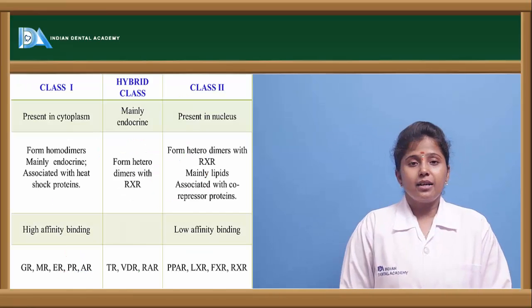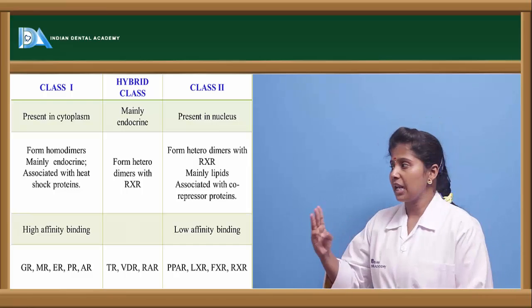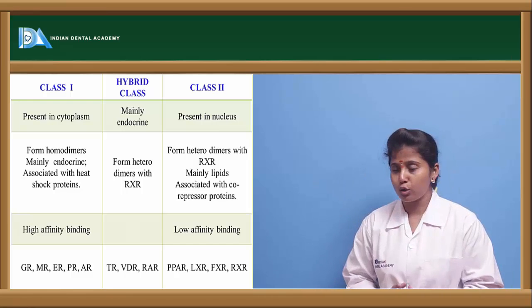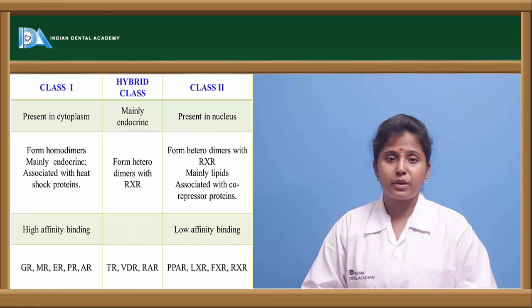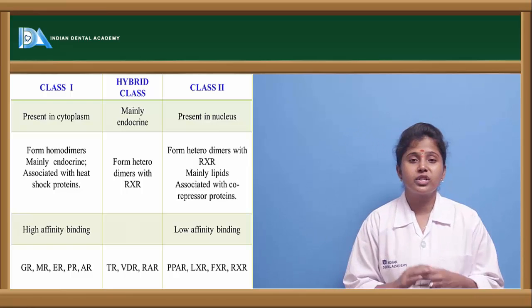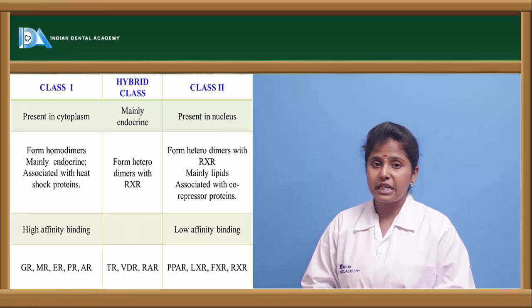If we see the types of these nuclear receptors, there are three classes: class 1, class 2 and hybrid class, which is a combination of these two. Class 1 are present mainly in the cytoplasm, hybrid class are mainly present in the endocrine system, and class 2 are present in the nucleus.